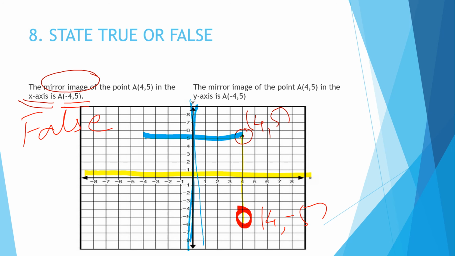So if you write down the coordinate, this will be your point. The point must be minus 4 comma 5. Here, yes, bingo. Correct answer, minus 4 comma 5. Answer is true.